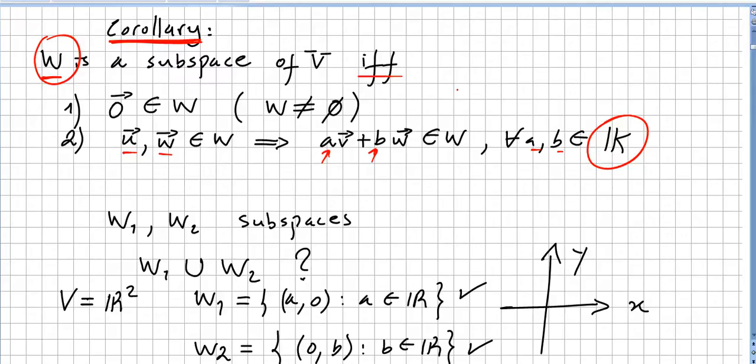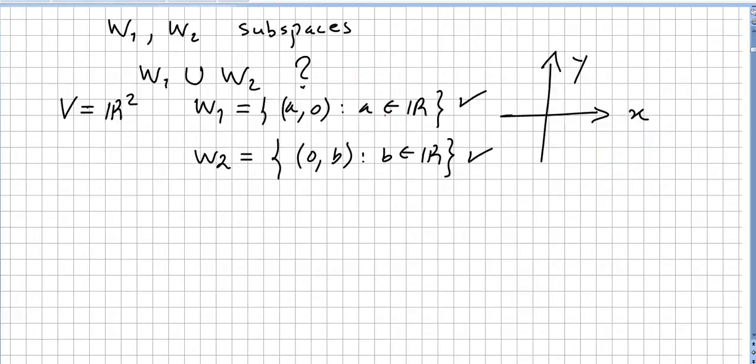This is the field where you get the scalars. So using that, it's easy to check that W1 and W2 are subspaces of the vector space here.